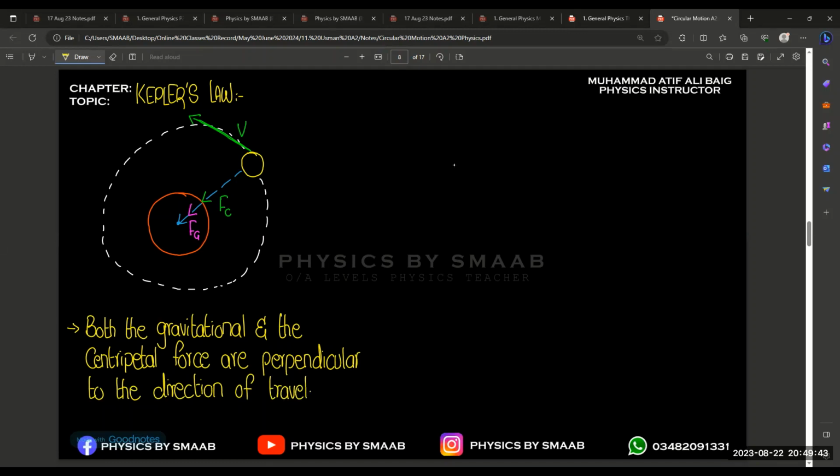In short, the tangent direction is perpendicular to the gravitational force and the centripetal force, right?